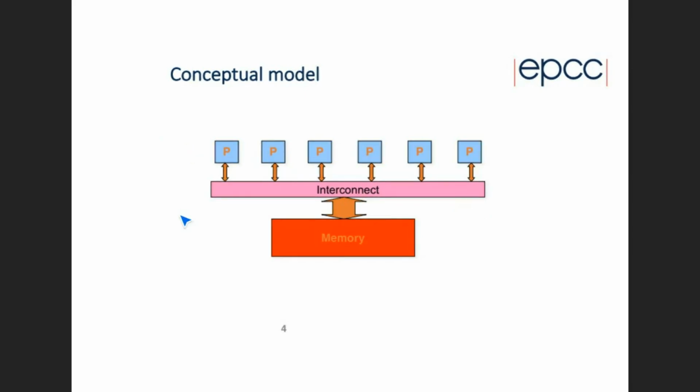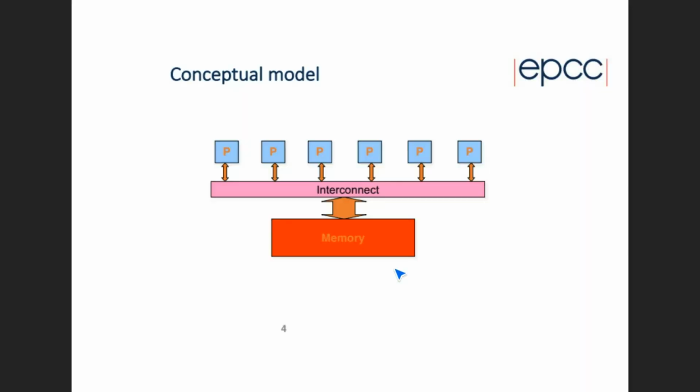Okay, so conceptually, the system looks like this. We have a bunch of processors or cores, a bunch of processing units, and they're all connected in some way to some piece of global memory, memory that stores all the data that the system contains. That's the logical model that we're thinking about when we're programming. So we have one memory, lots of processors.